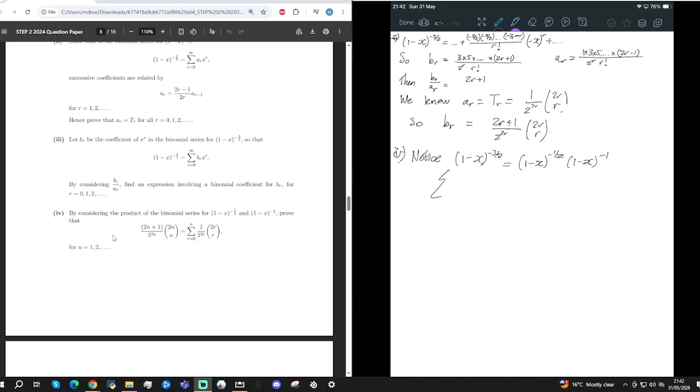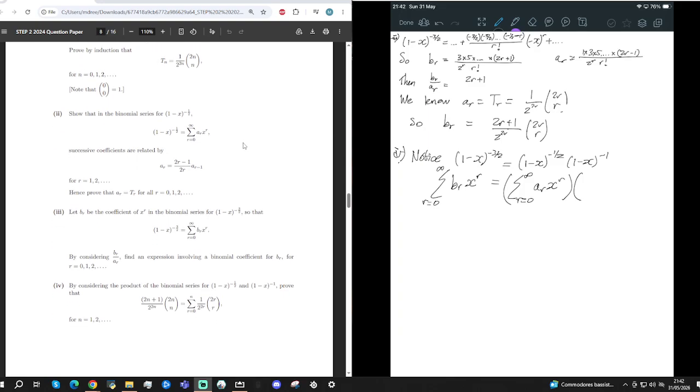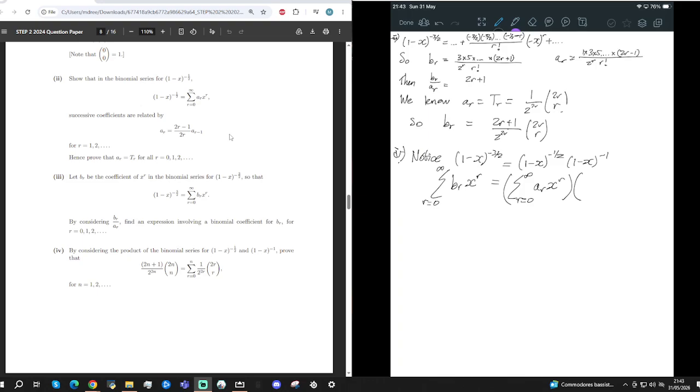So this is the sum from r equals 0 to infinity of BR x to the r, and that's equal to the sum of ARs x to the r. Now that one is exactly the ARs. And we're doing that times, this is why we had the comment at the top of the question, don't worry about issues of convergence, because multiplying infinite summations together is something that in general is not really allowed.